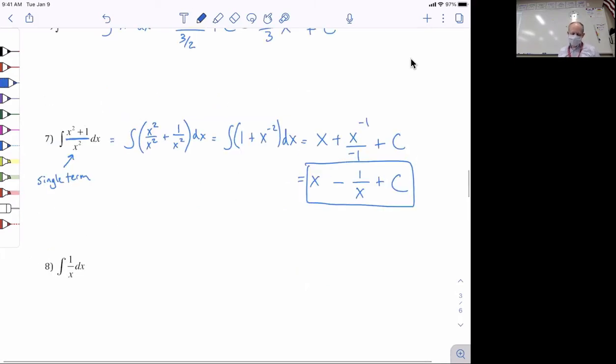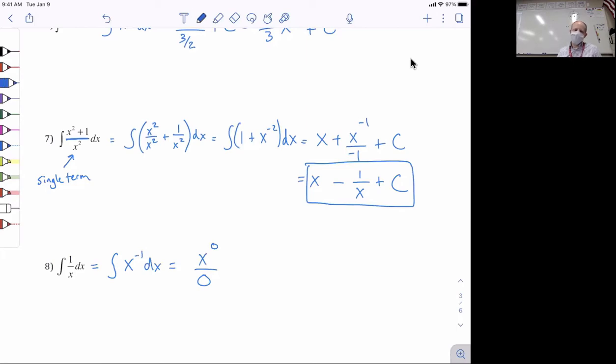All right, number 8. So this is the antiderivative of 1/x dx. If we use the methods that we have been using, this would become the antiderivative of x to the -1. And you can see that when we use the power rule, this is going to fail because -1 plus 1 is 0. And then we divide by that new power, 0.